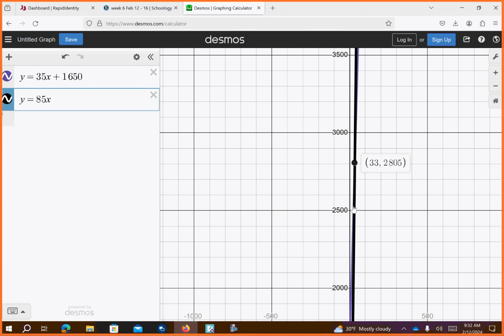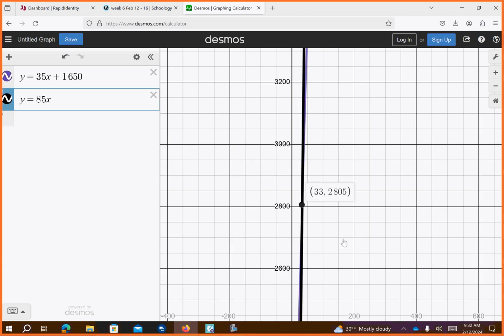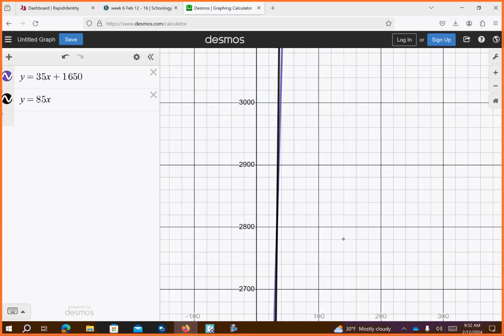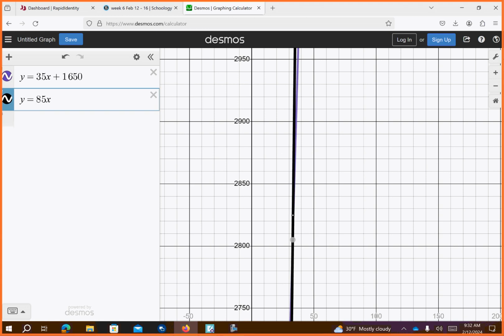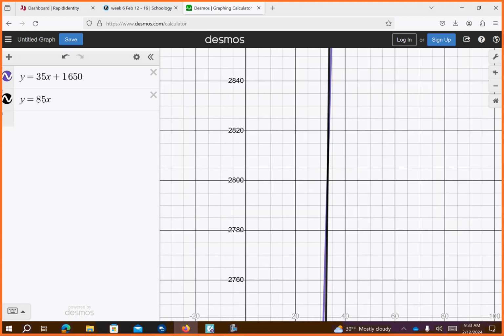That's the break-even point. That's the same point on both of the equations. If you move this over and zoom in, it's hard to fathom where it's at exactly, but that's our break-even point. That's where the 2 lines cross each other.